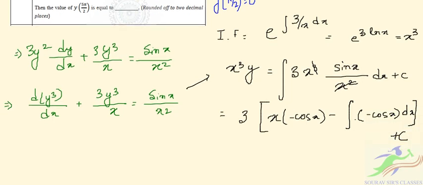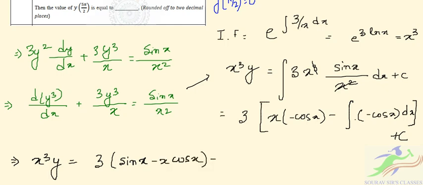So we can write this in this form, that x cube y cube will be 3 of sin x minus x cos x plus c.